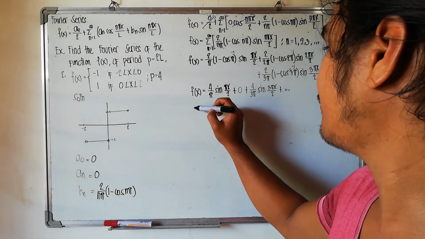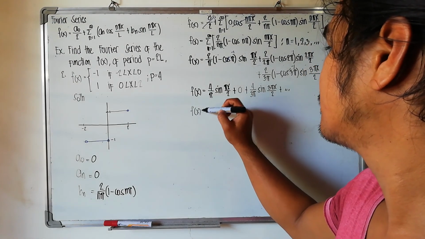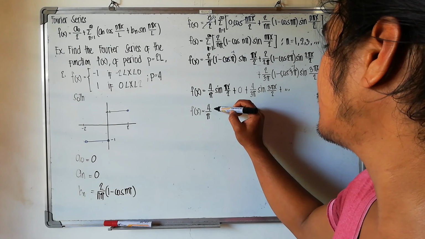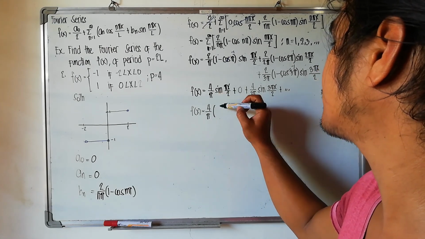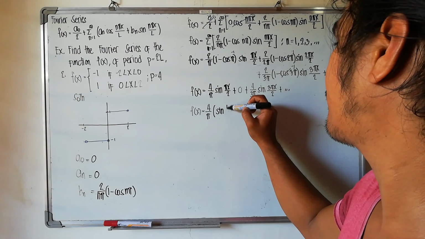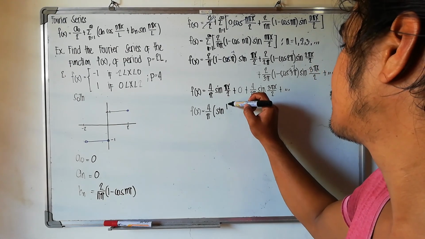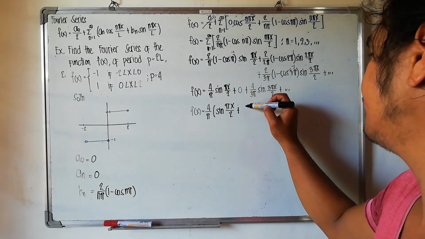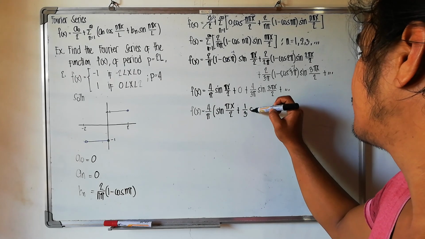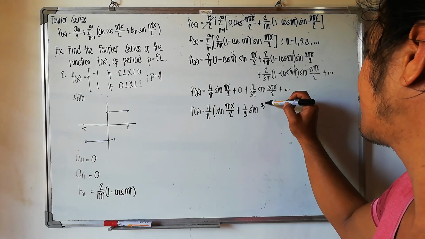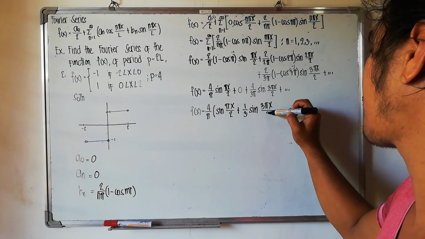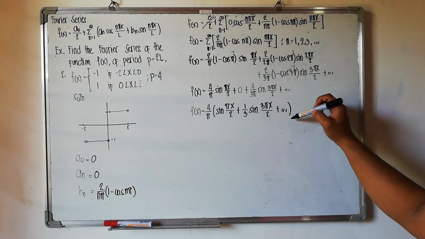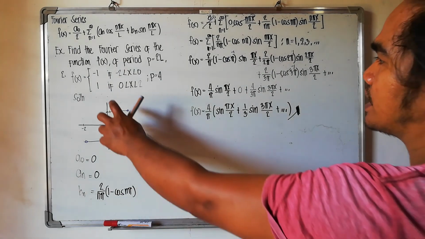So your f of x is equal to 4 over pi times sine pi x over 2 plus 1/3 sine 3 pi x over 2 plus, so on and so forth. So this will be your Fourier series of your piecewise function given.